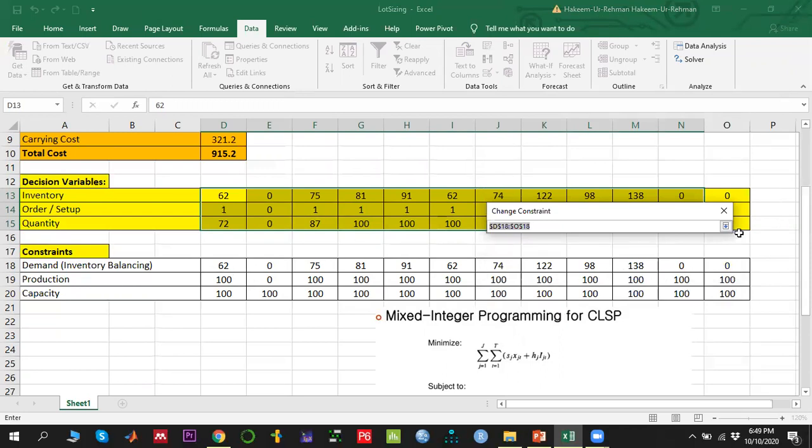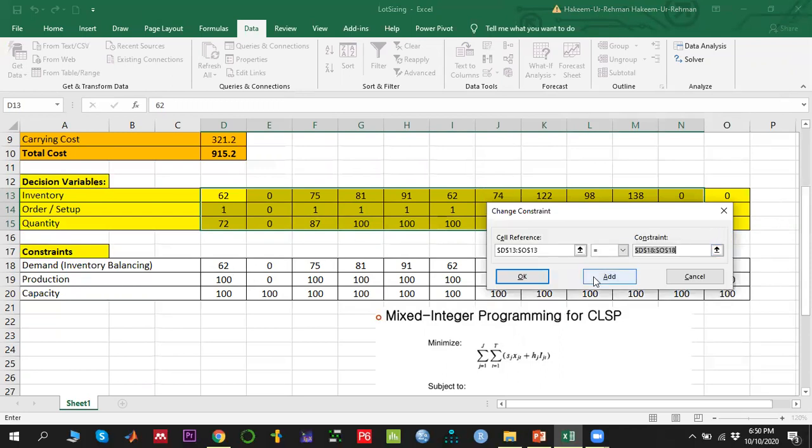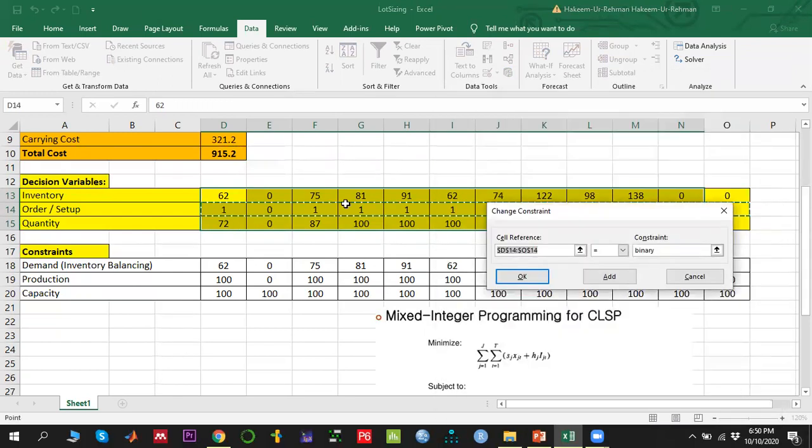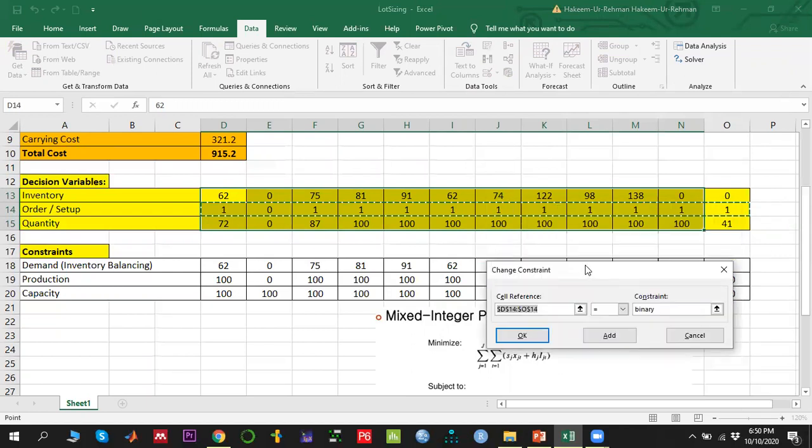So this is the inventory balancing constraint. Next we are saying that all these variables must be integer, sorry, binary, that is 0, 1. So that's why we are saying all these variables must be equal to binary, so you can click binary.